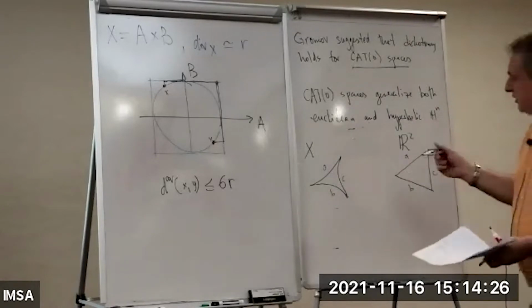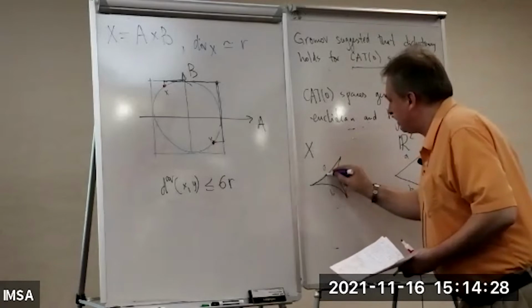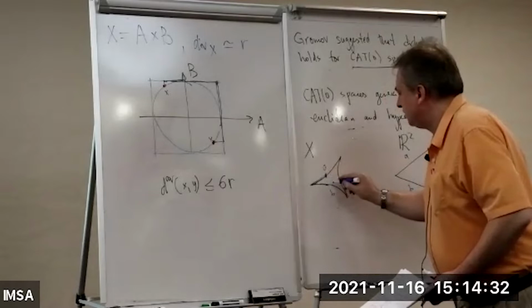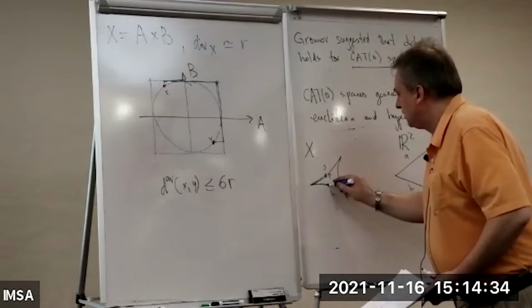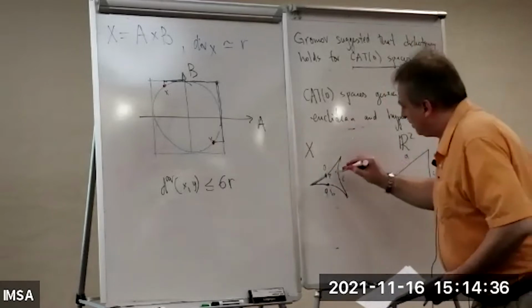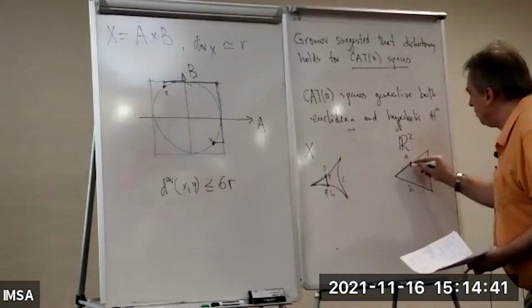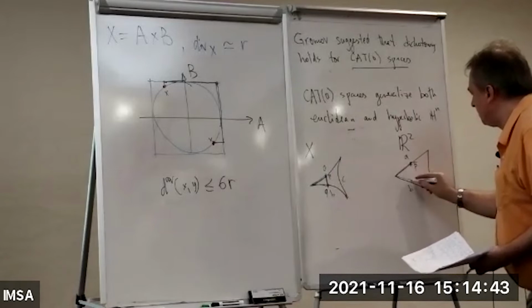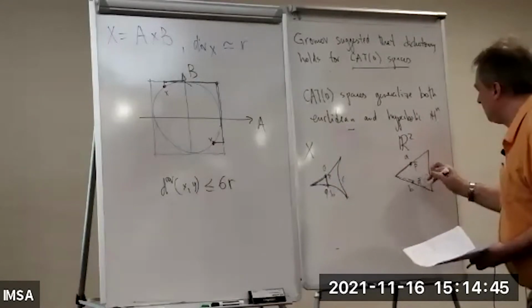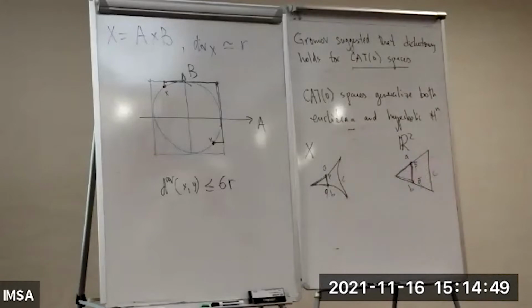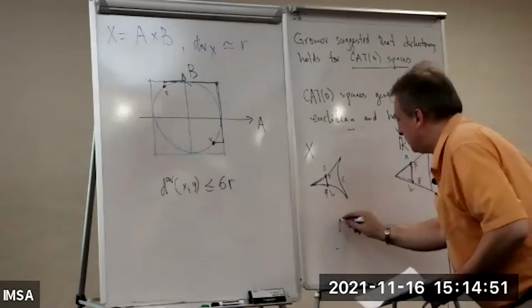So the defining condition: if we go length p here, length u here, and consider the corresponding points p bar, u bar here, then one distance will be less than or equal to the other.